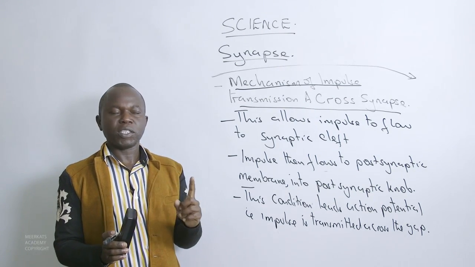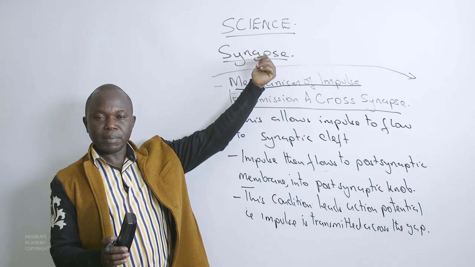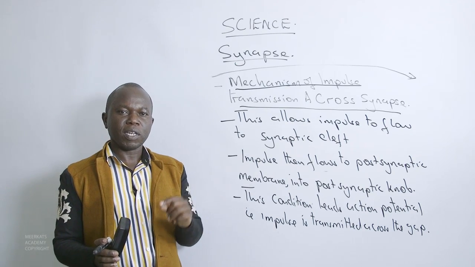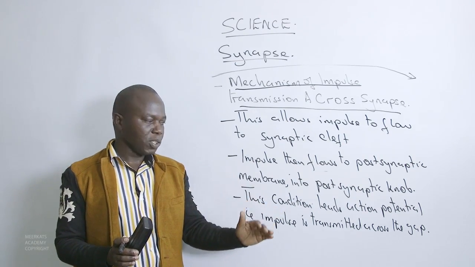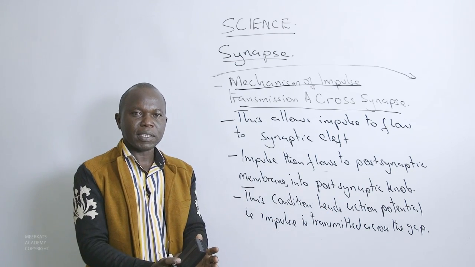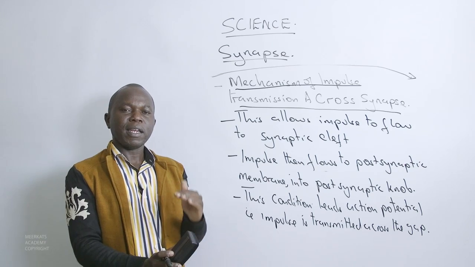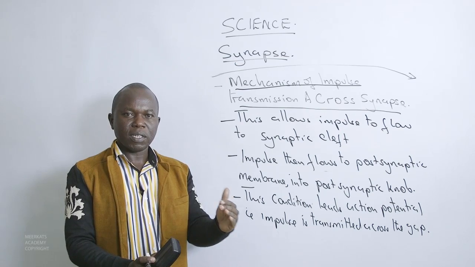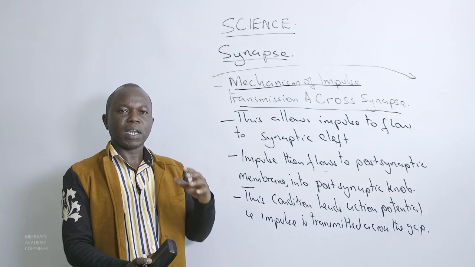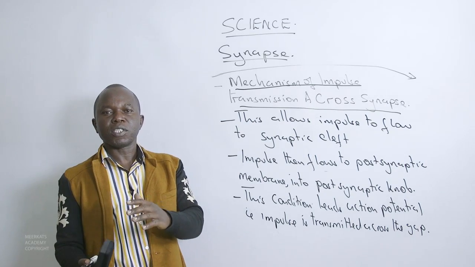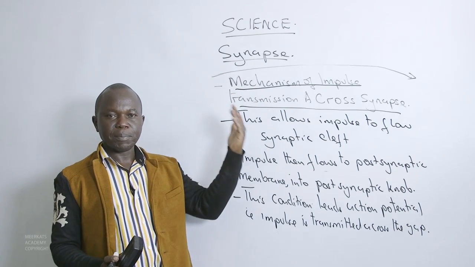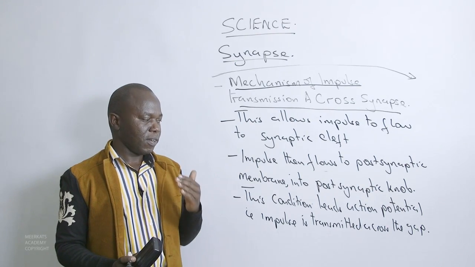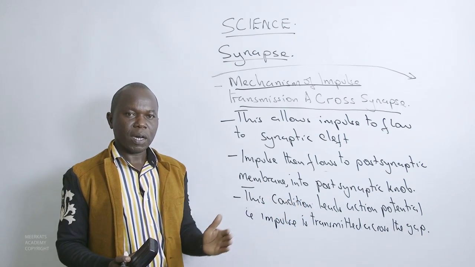To avoid that merging, that's where the synapse comes in. The first impulse for pain from stepping on a sharp object will flow across the gap, and then acetylcholine is restored. And then later, some few microseconds later, we shall have pain maybe from a hot nail. So synapse is important because it prevents merging of nerve impulses as they flow across the synapse.